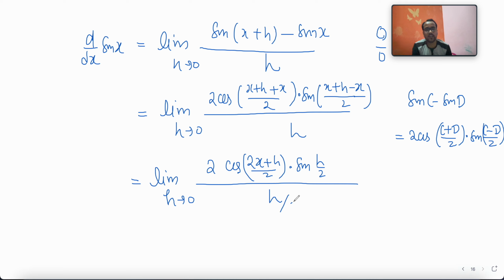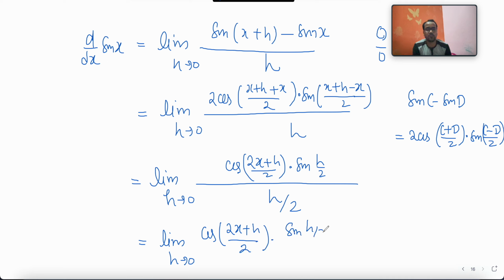This 2 I will write here, and this 2 we can take in the denominator of h, so it is h by 2. Now you can relate this limit. This is what? Limit h tends to 0 cos of (2x plus h) upon 2, and this is sine of h upon 2 upon h upon 2.